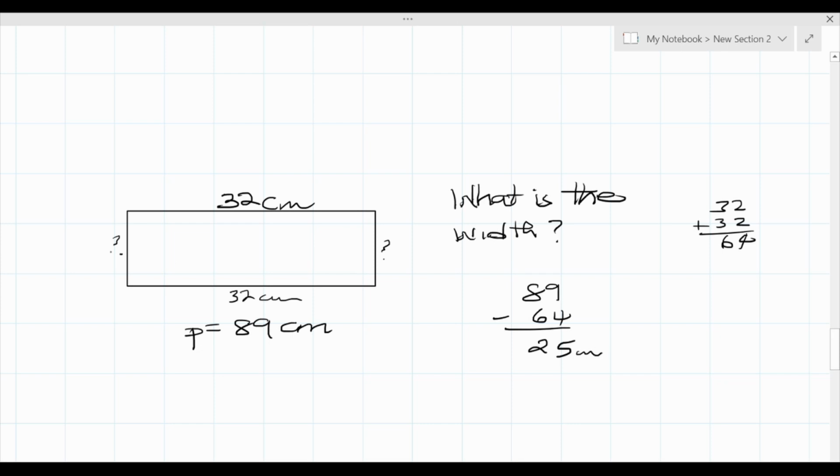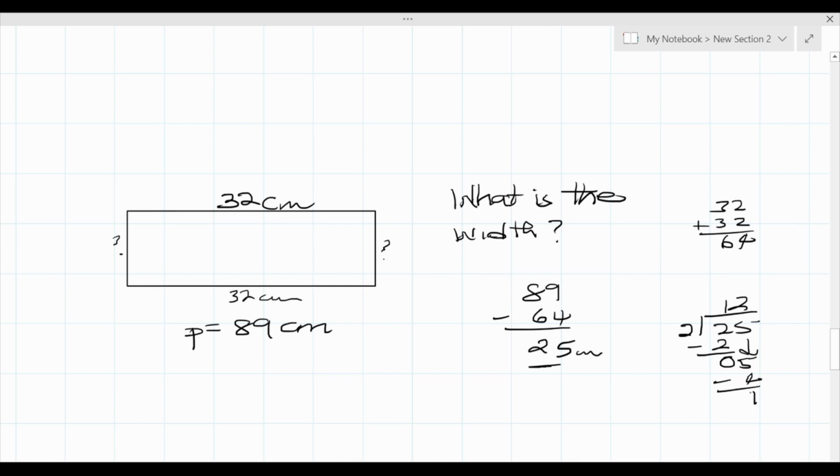Because they are supposed to be the same length, because that's one of the properties of the rectangle, this would be divided by 2. So it would be what? 25, and we're going to divide this by 2. Now 2 into 2 goes 1 times. 2 ones would give us 2. We subtract, we have 0. We bring down the 5. Now 2 into 5 goes 2 times. 2 2's would give us 4. Subtract, bring down 1.